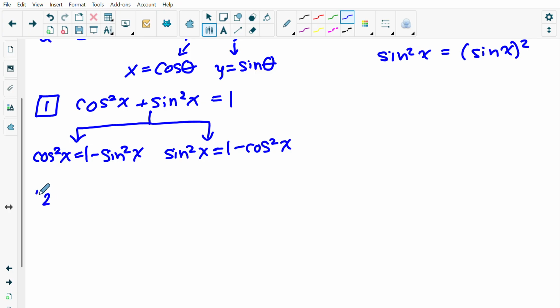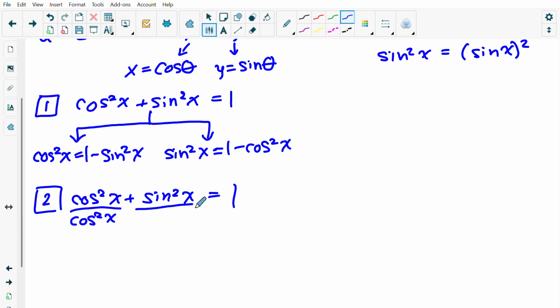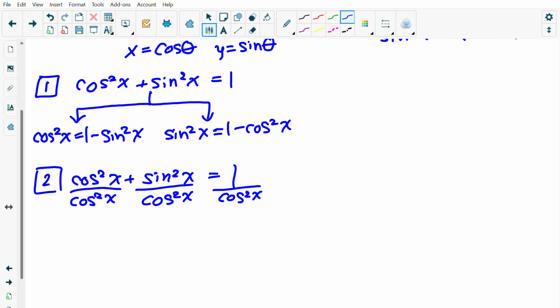Number two, if I take cosine squared of x plus sine squared of x equals 1, let me divide both sides by cosine squared of x. What happens?